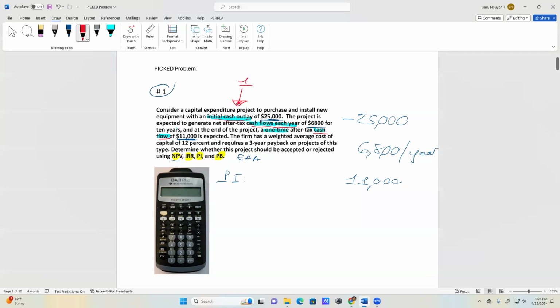So the terminal cash flow is the third piece. That is the 3-step process that we learn in chapter 12. However, in chapter 11, these 3 numbers are given to you already. So let's use these 3 values to find first the profitability index.